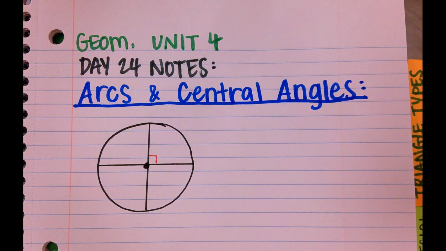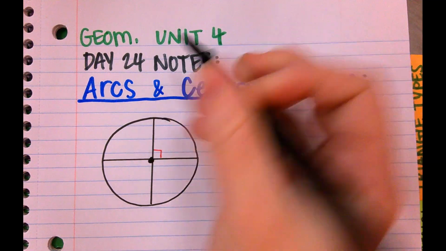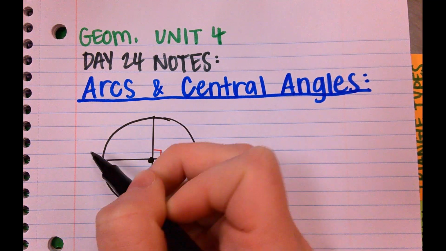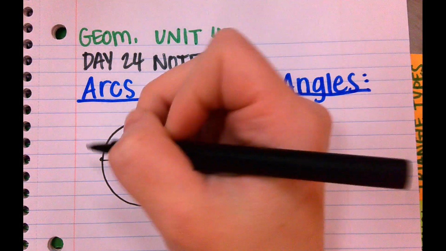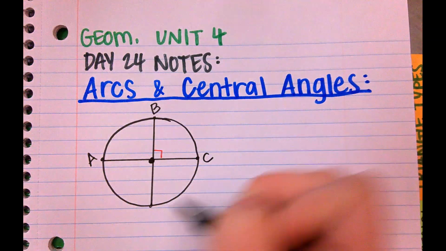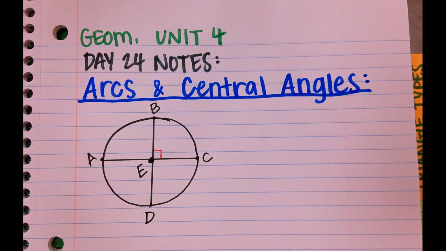And then we're going to label all of these, like little points on the circle. We're going to give them letter names. So I'm going to go with A, B, C, D, E. Yes, E is the middle point.